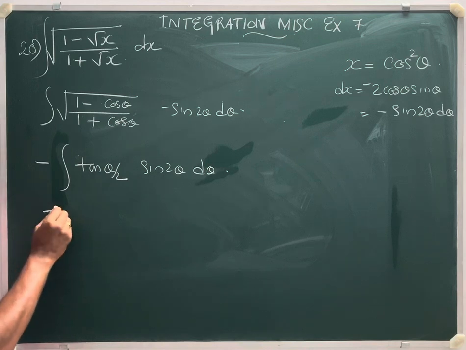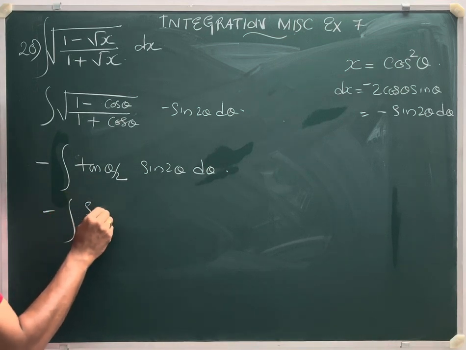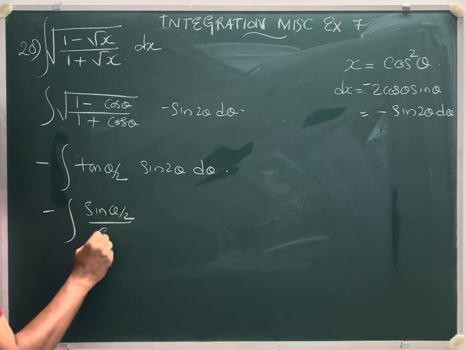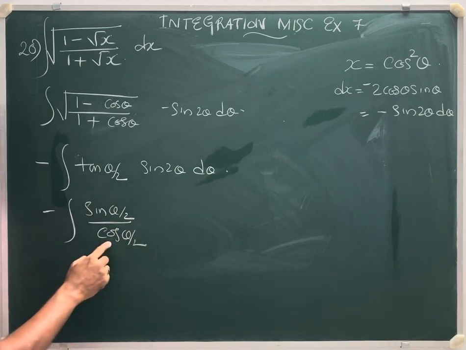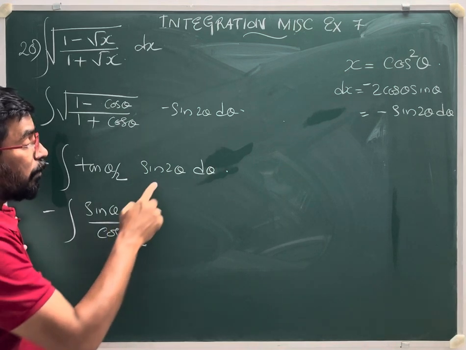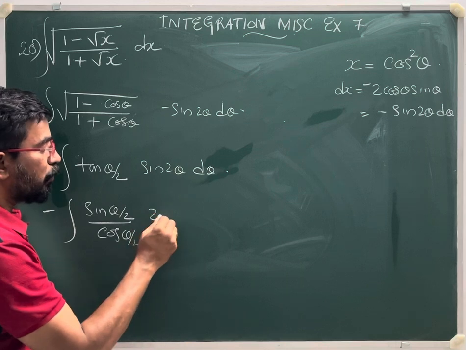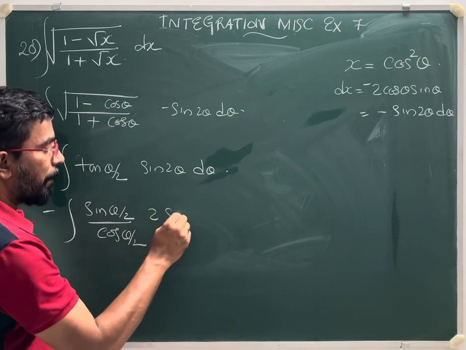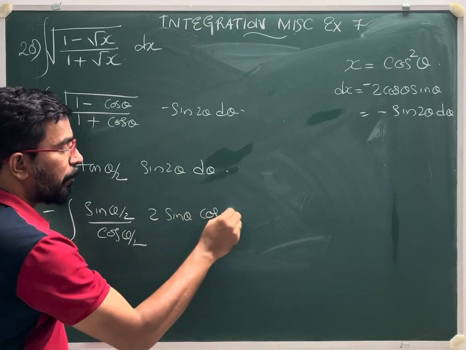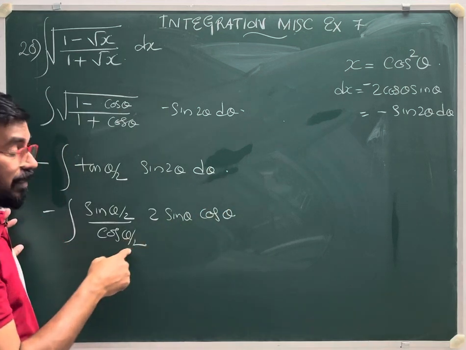Now look carefully, this I can write as sin theta by 2 by cos theta by 2. I am going to get rid of this cos theta by 2 by writing sin 2 theta as 2 sin theta cos theta. When I write like this, I still cannot cancel this.